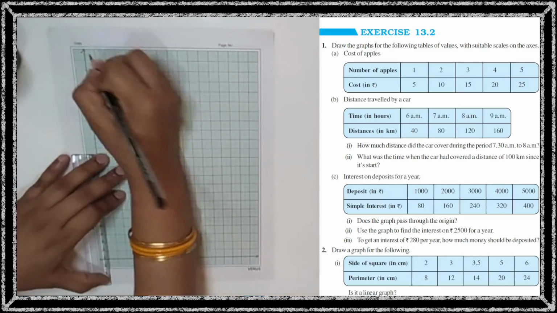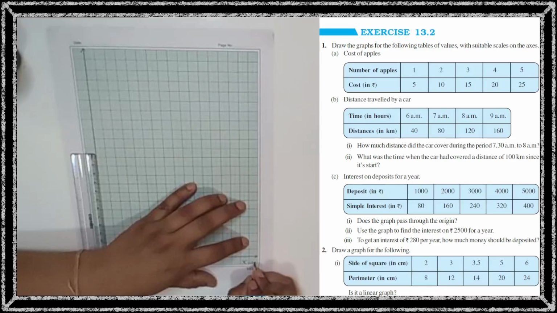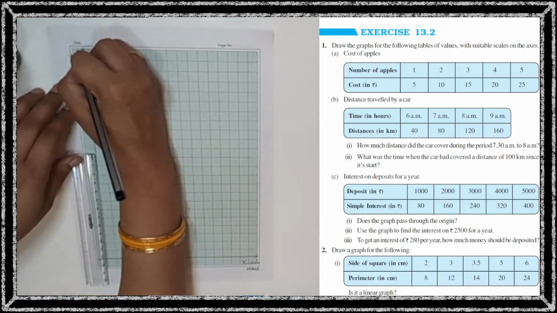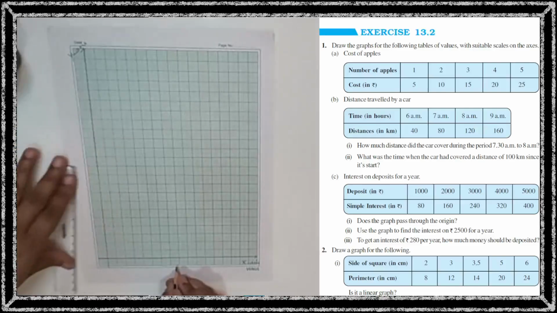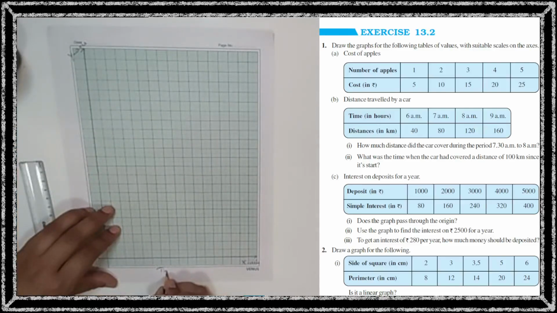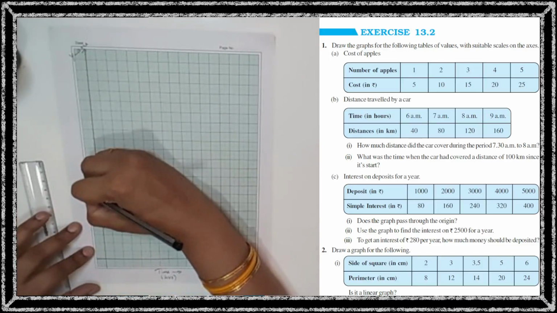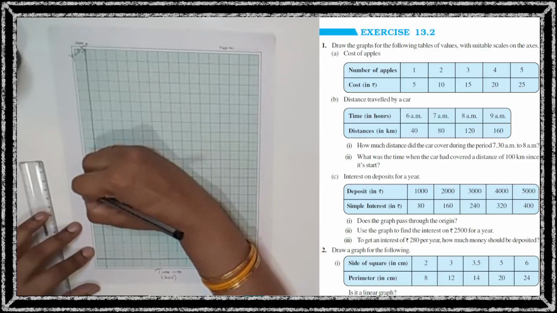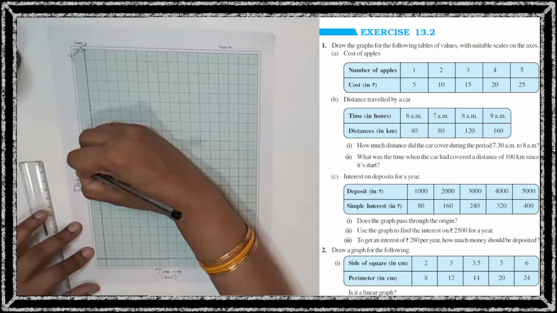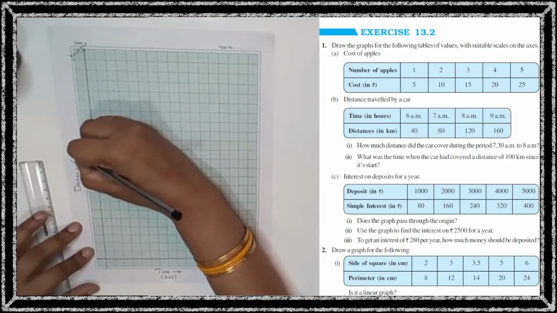Let me name the axes. This is my time, and it is in hours, so in brackets I'm going to write hours. And this is my distance covered in kilometers, so I'm going to write km in brackets.